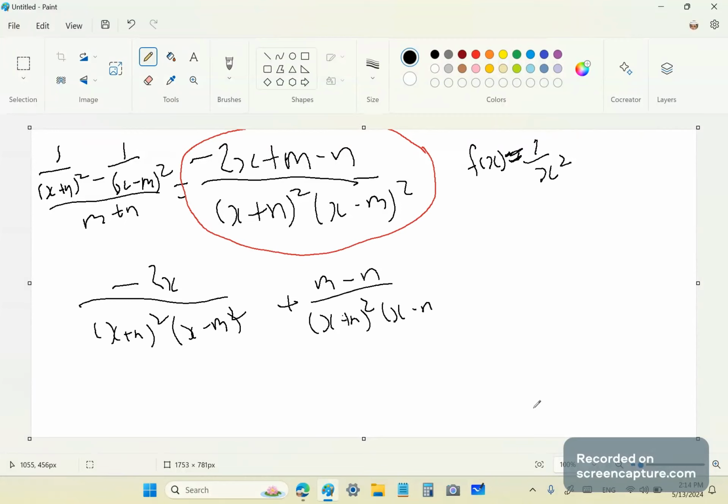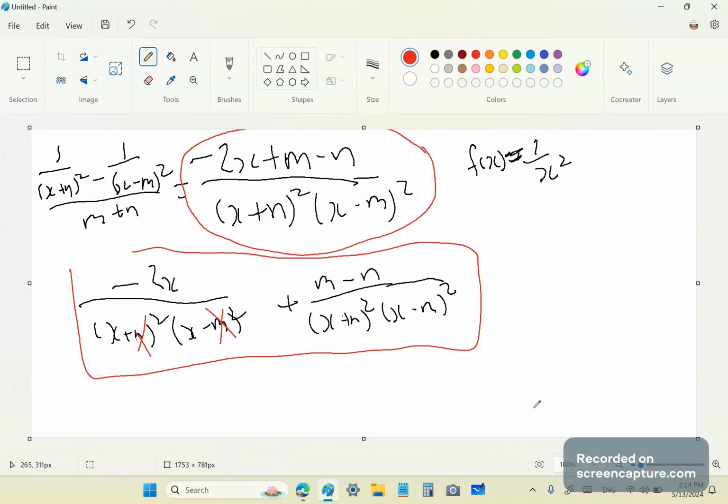That's not correct because remember, the derivative can only have terms in x, and it will consist of all the terms that do not have any n or m. So this is wrong here, you cannot have m or n. If you want to set them to 0 when you get to this stage, that's okay. But you cannot split it up like he did here, because this still has n and m in it.